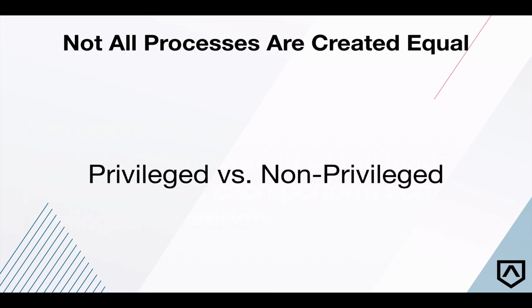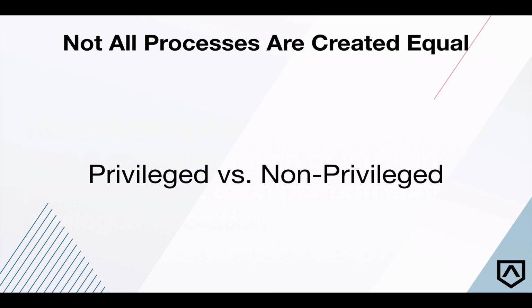And as you can probably imagine, most processes are going to be non-privileged. Any sort of program that you write the code for yourself and then execute on a machine is going to be a non-privileged process by default. The main exception to this rule are processes that are part of the operating system.